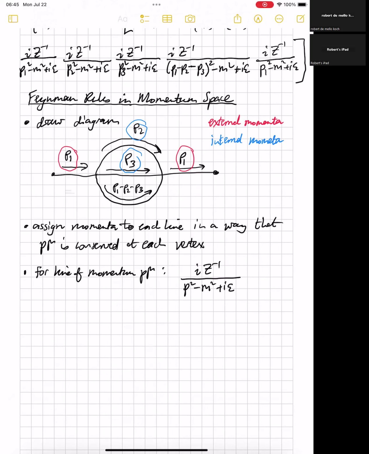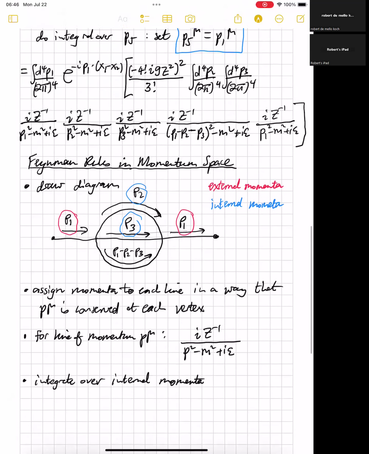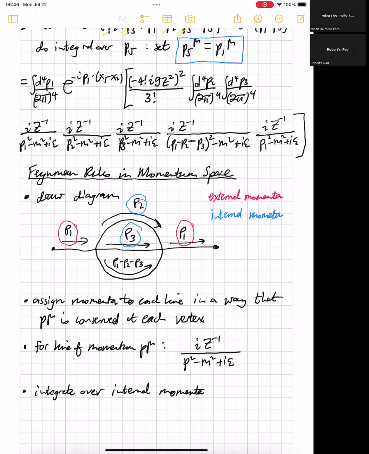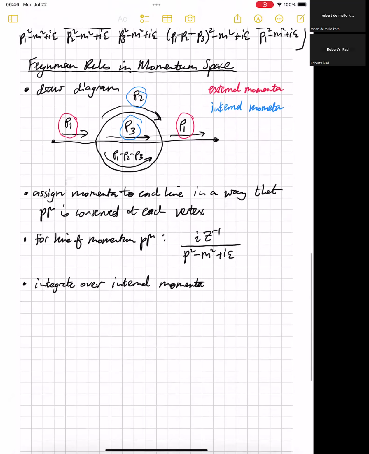You need to integrate over the internal momenta. For this Feynman diagram, we'd be integrating over p2 and p3, and that's exactly what you see in the square bracket. So you integrate over internal momenta.